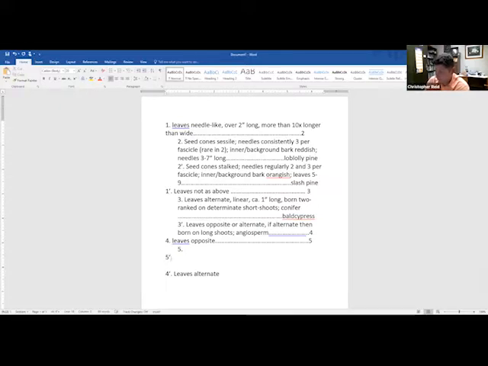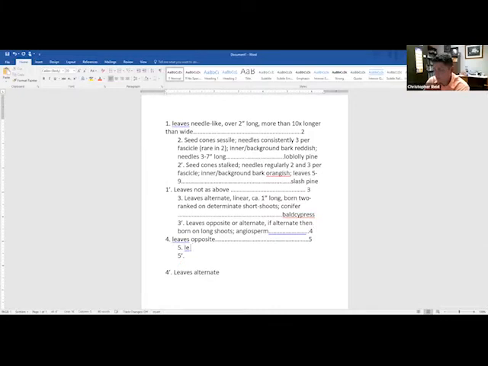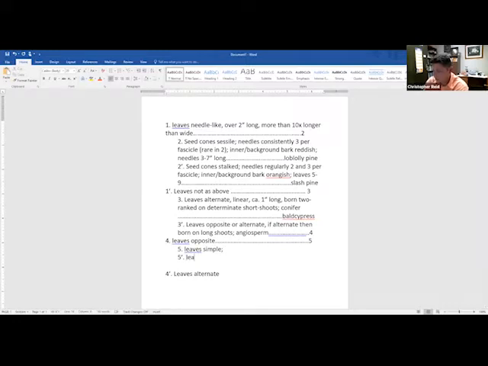All right, how do you want to split red maple from green ash? They're simple or compound. All right. Leaves simple. Leaves. What else?